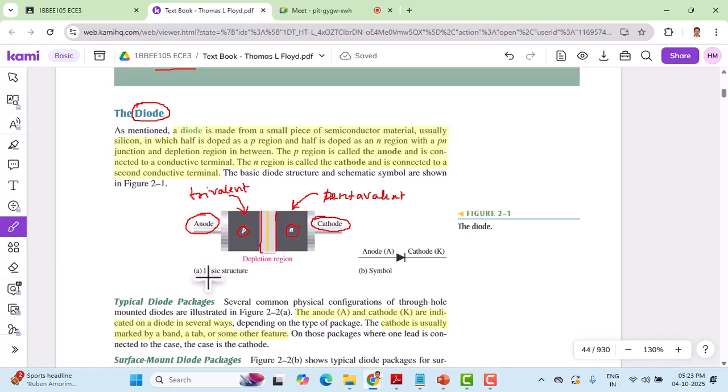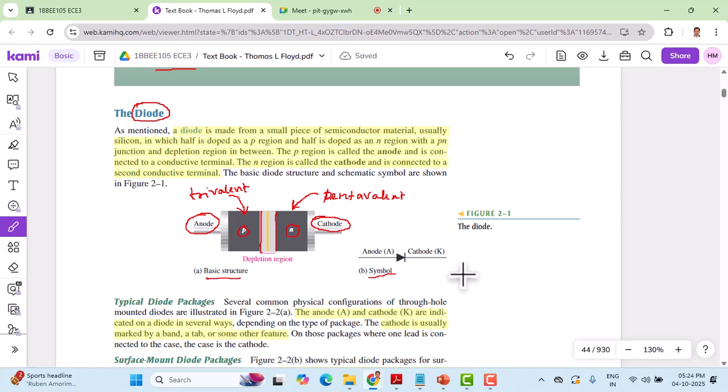This is called the basic structure, and many times we can't draw this structure while writing circuits. We need to come up with a standard symbol. The standard symbol is an arrow mark with a vertical line.